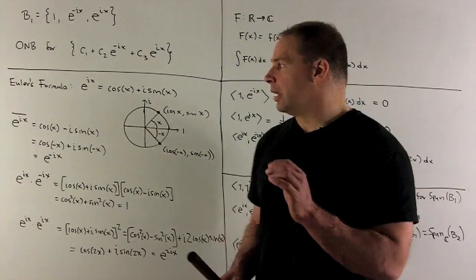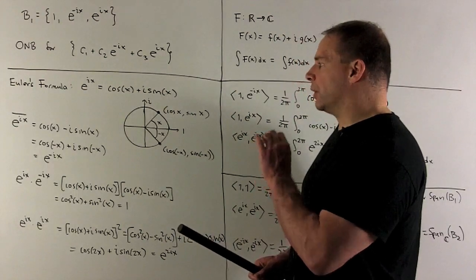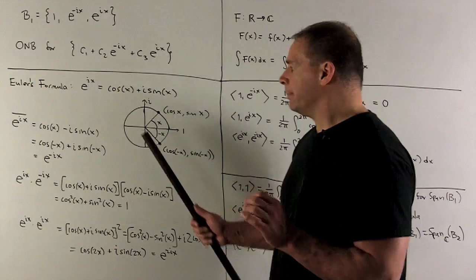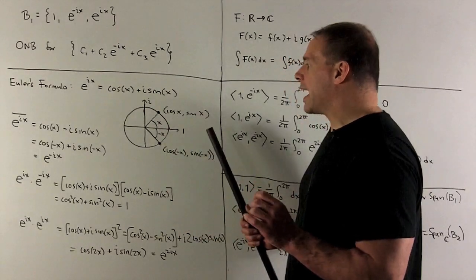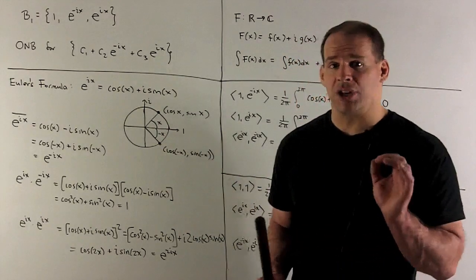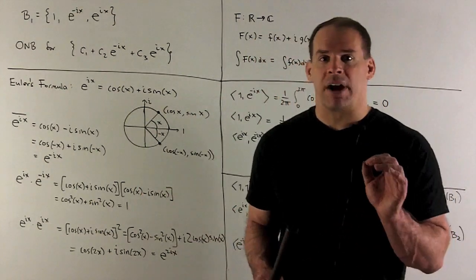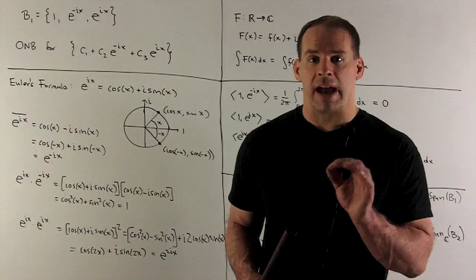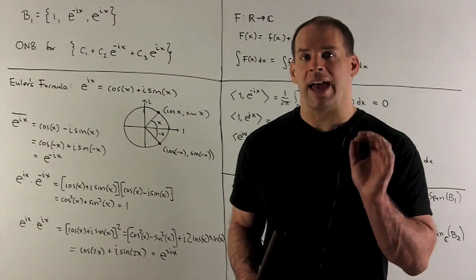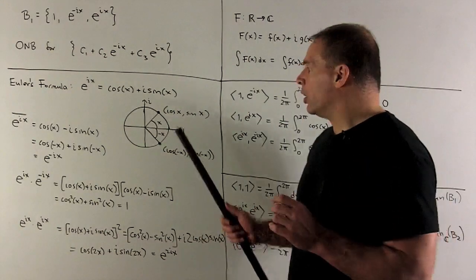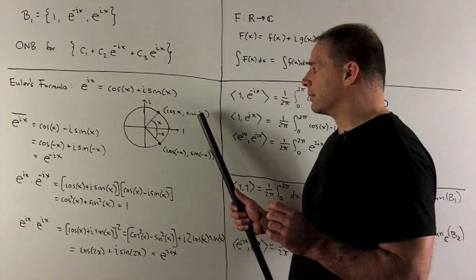Now, if we fix an x, what we're doing here is, okay, if I consider the complex plane, the x-axis is the real axis, the y-axis is the imaginary axis, we're going to take e to the ix and identify it with a point in the unit circle. In fact, it's going to be the point that goes with the angle x. In rectangular, that point's going to be cosine x, sine x.